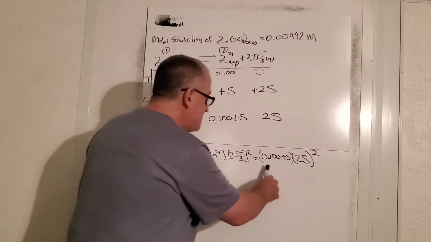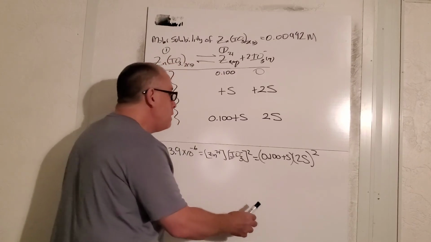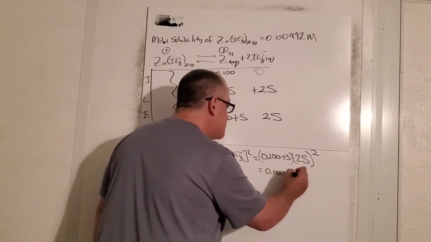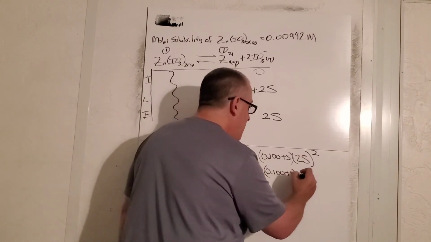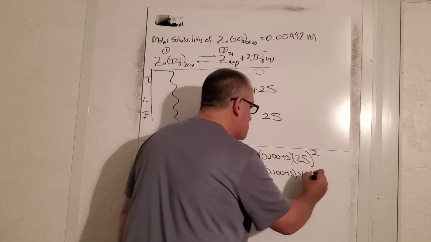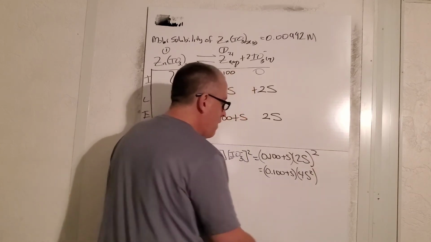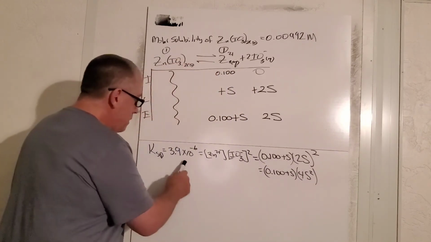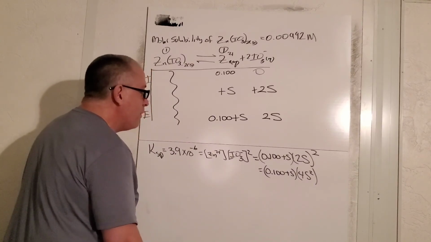Well, solving for S, this could be a difficult problem because I'm going to end up with 0.1 plus S, and then I'm going to end up with 4S squared, right? When I square that, I'm going to end up with a cubic problem to solve for S. It's going to be tough.